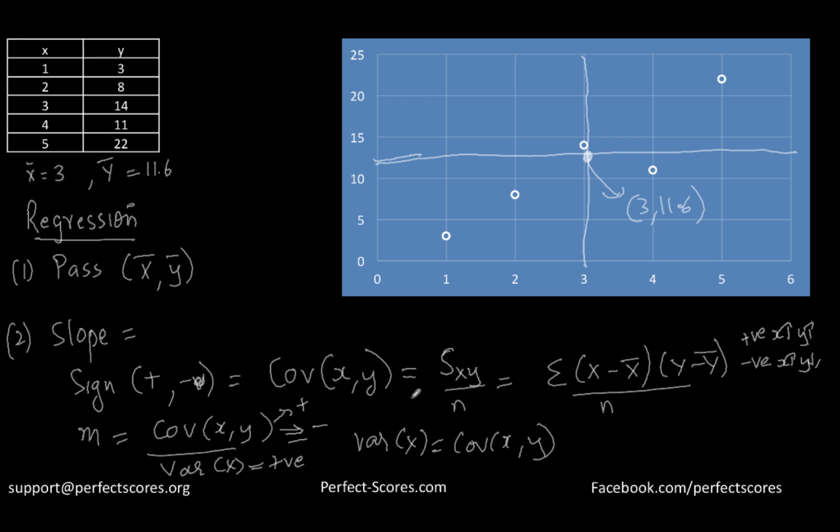So what is covariance of x and y and what is variance of x in terms of formula? Covariance of x and y is summation of (x minus x bar) into (y minus y bar) divided by the number of terms. And what is the variance of x?